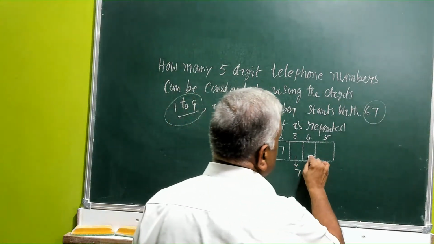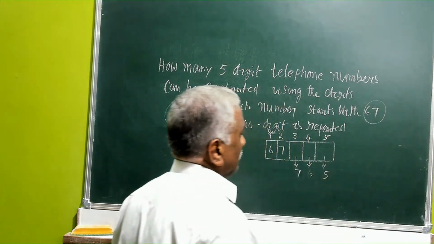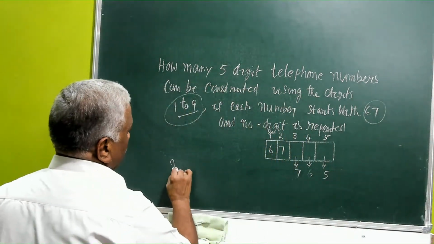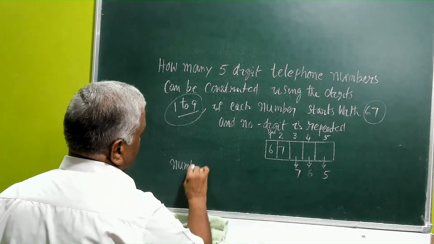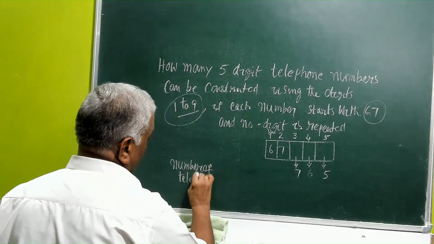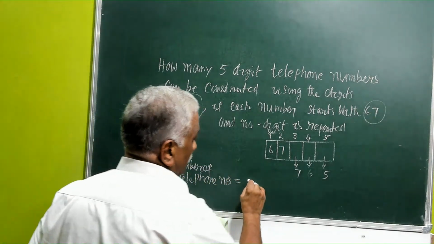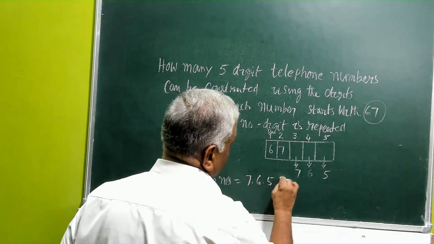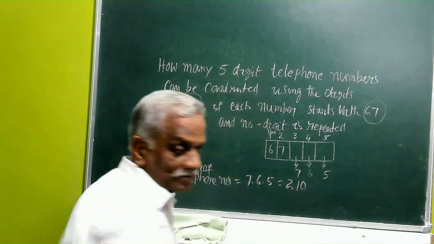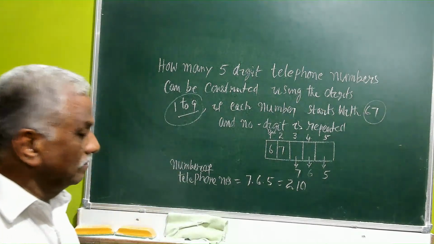After that, you are left with 6, so you can fill this box in 6 ways, and this box in 5 ways. Therefore, the number of telephone numbers is equal to 7 into 6 into 5, that is 210. So whatever the answer is, I'm sorry, there is some mistake that has happened. 1 to 9, how many are there?